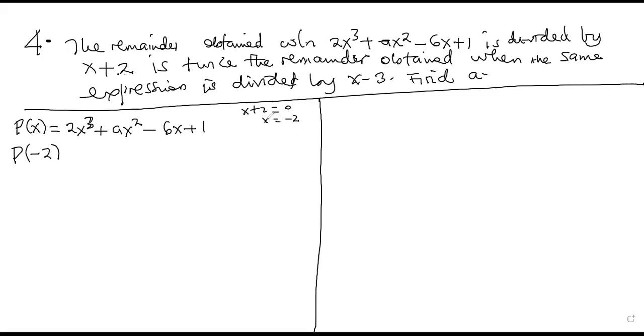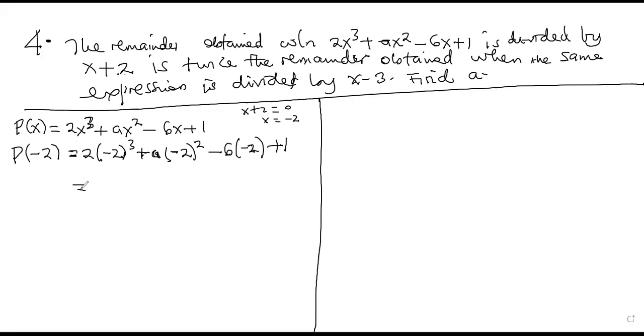I'm not doing this baby step. I'm just saying p of negative 2 is going to be equal to 2 into negative 2 cubed plus a into negative 2 squared minus 6 into negative 2 plus 1.